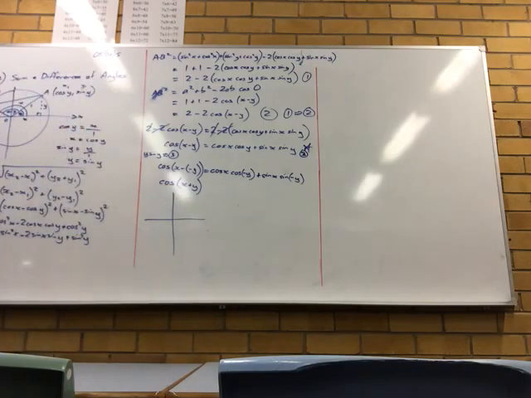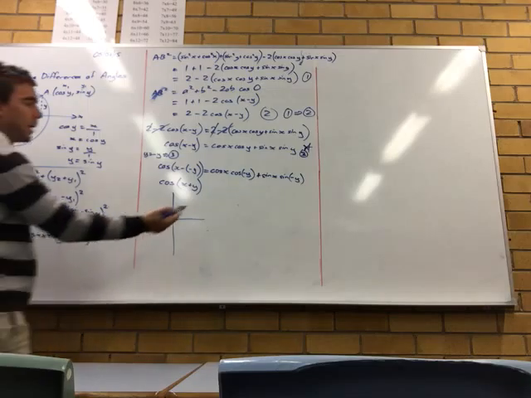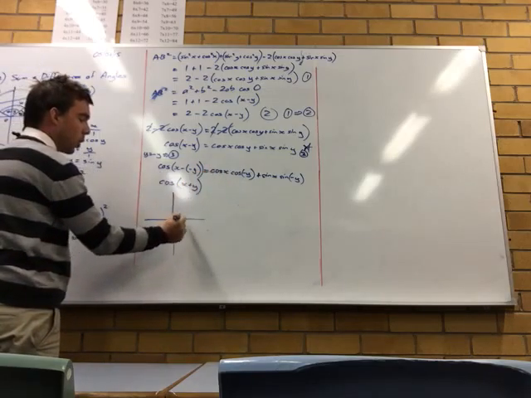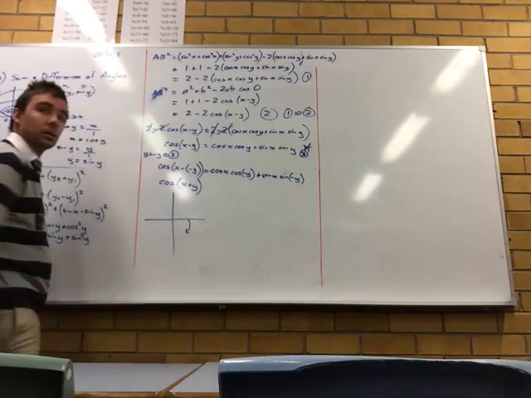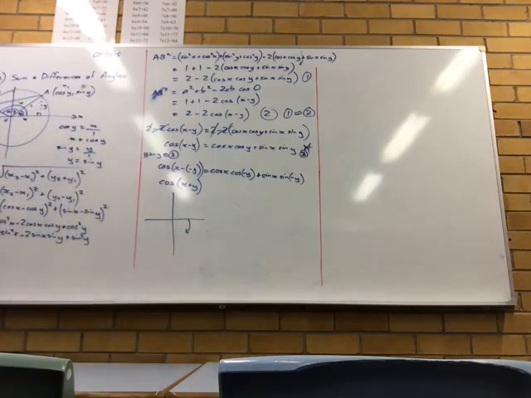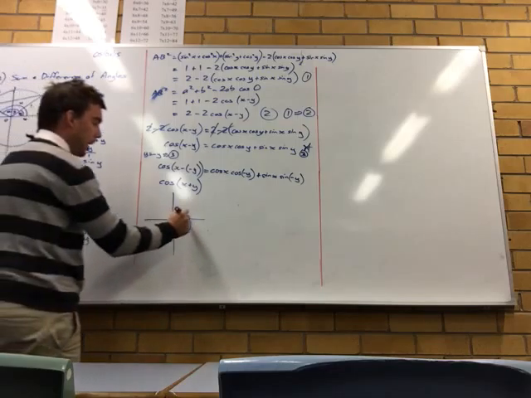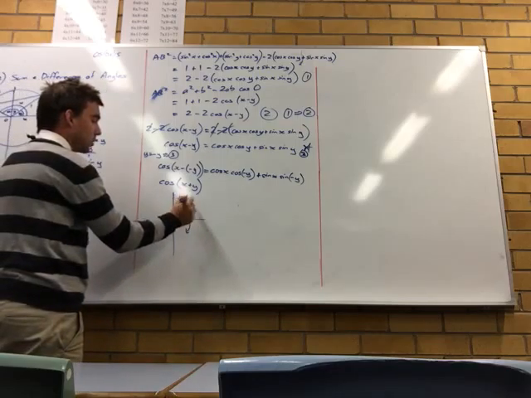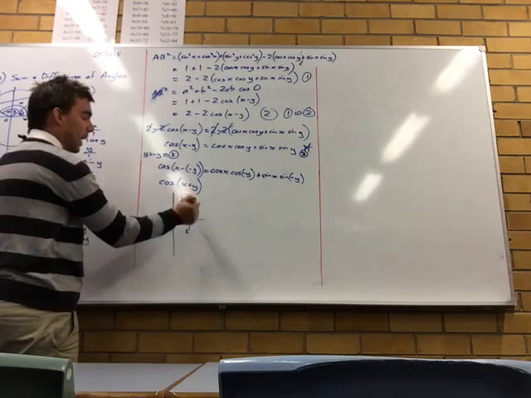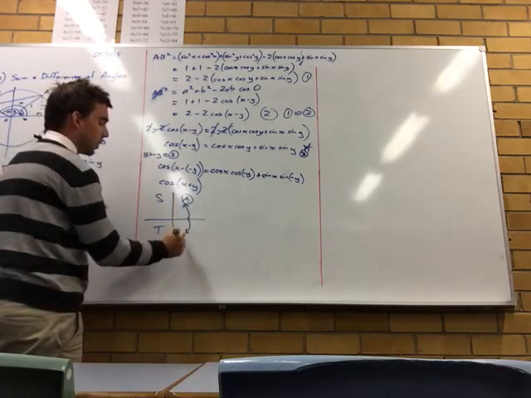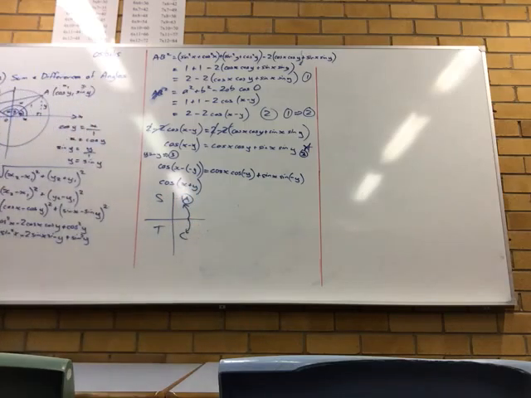Okay, so considering your number plane, the angle of cos of negative y, so if you go down to the value of y, anti-clockwise, it's going to be the same as going y in this side because all angles are positive in that first quadrant and cos is also positive in the fourth quadrant.